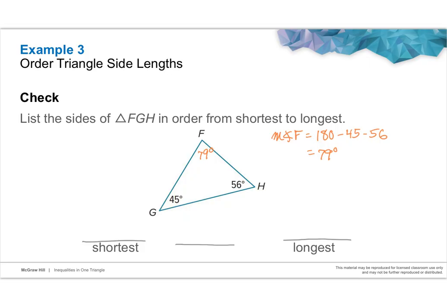And so we will go smallest angle is opposite smallest side first. 45, angle G, is opposite side FH. 56, medium-sized angle H, is opposite GF. And our longest side is going to be opposite our largest angle F, which is side GH.